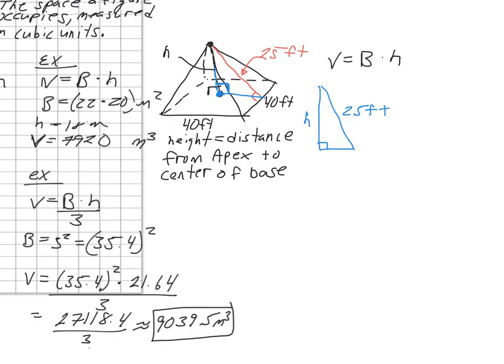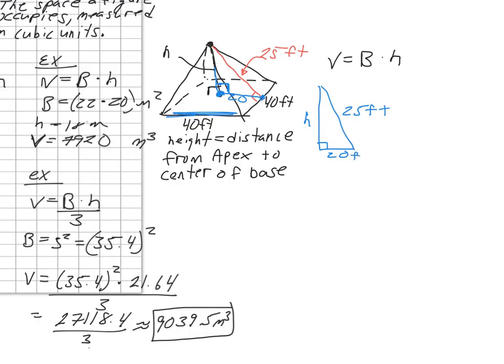So it actually splits this 40 feet distance in half. This distance from the center of the square to the edge is 20 feet.